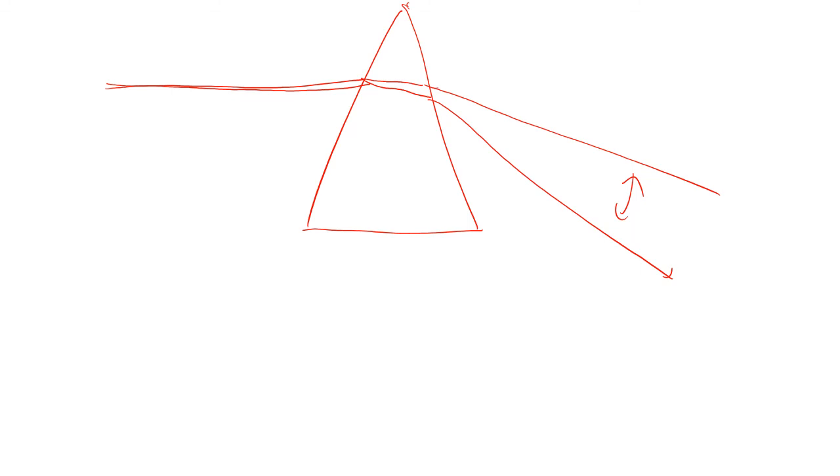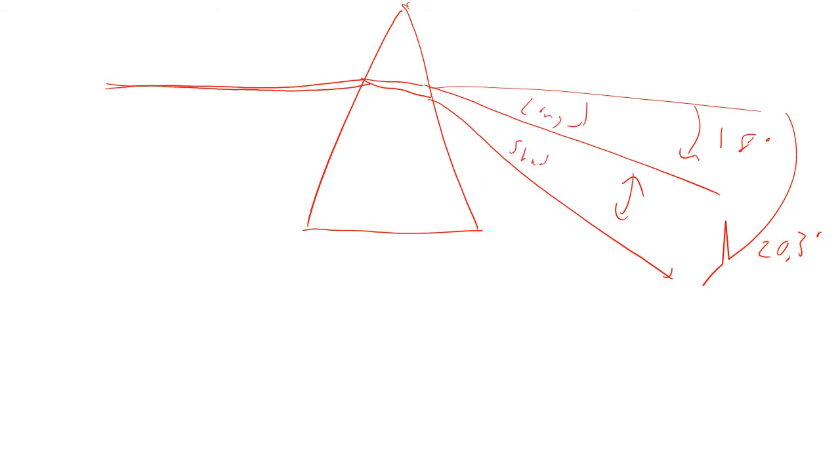So the first one here was, if you remember, 18 degrees. And then this one is 20.3 degrees. So the dispersion between long wavelength and short wavelength, so this is going to be long wavelength, and that's going to be short wavelength. So the dispersion here is going to be 2.3 degrees.